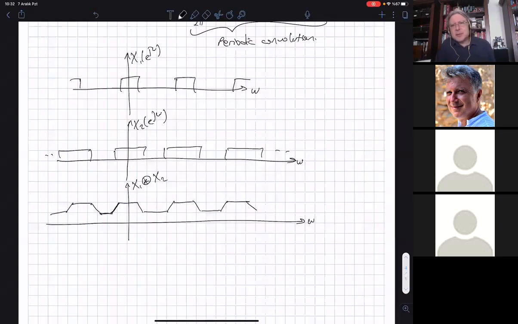I think there will be a similar example in the book. I urge you to consult that example to understand why this is like that. Because as you see, when you shift X2 by some amount, one component from the left-hand side and the other component from the right-hand side will all contribute to the multiplication.